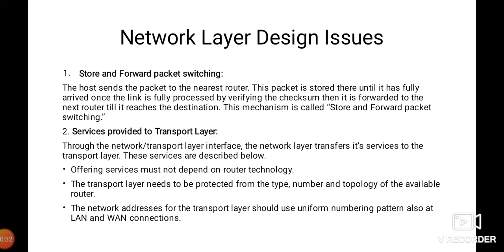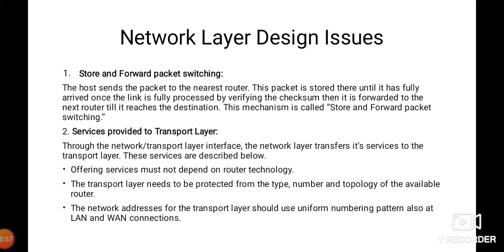So first is store and forward packet switching. Whenever a packet comes to a router, basically a router works on the network layer, it has to store the packet and then transfer it, because it depends upon which switching mechanism you are using.